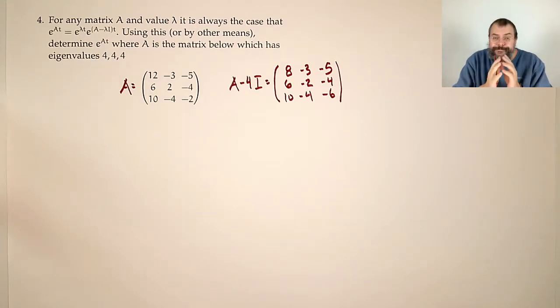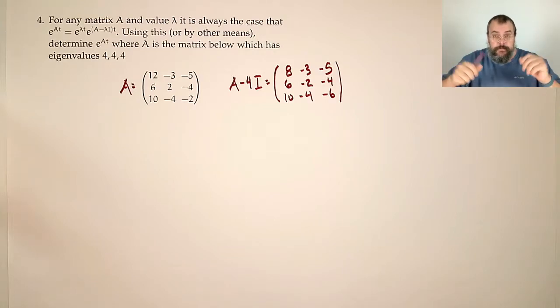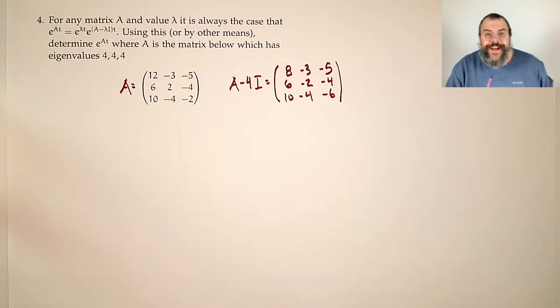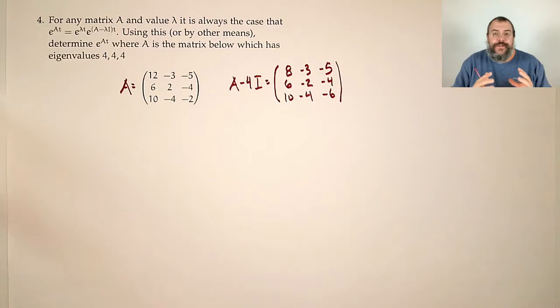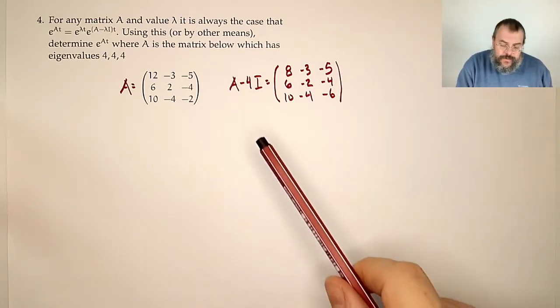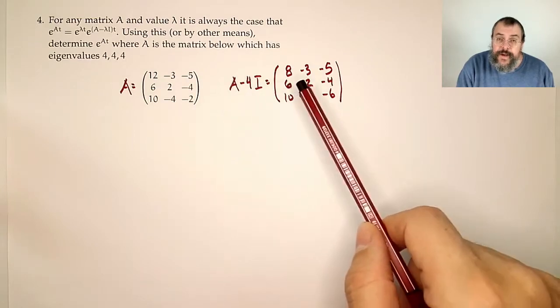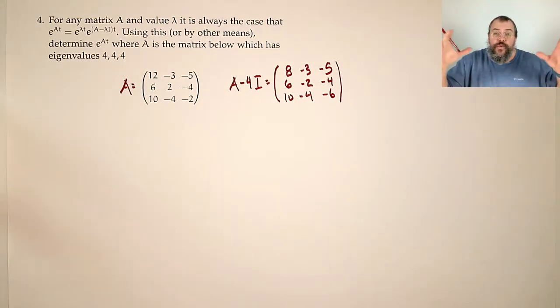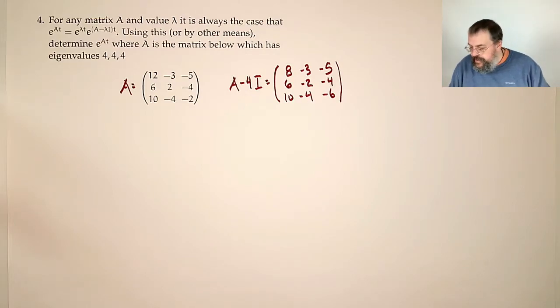Well, what we're going to see, and it's coming, is if all the eigenvalues are 0, what will happen is that in a relatively short time, if you raise this matrix to a power, it just goes away.